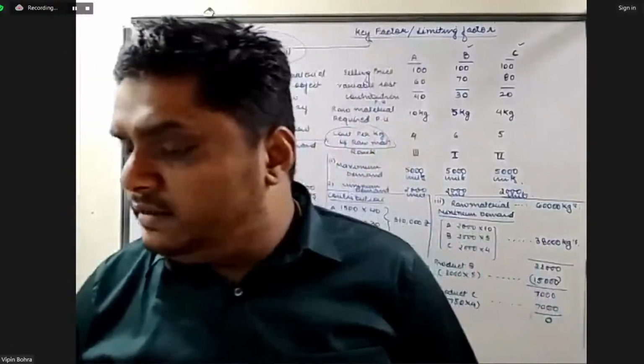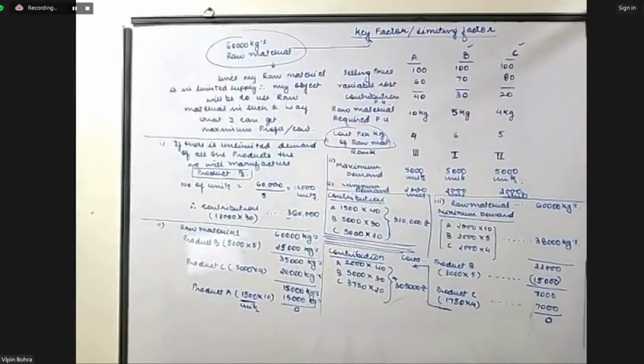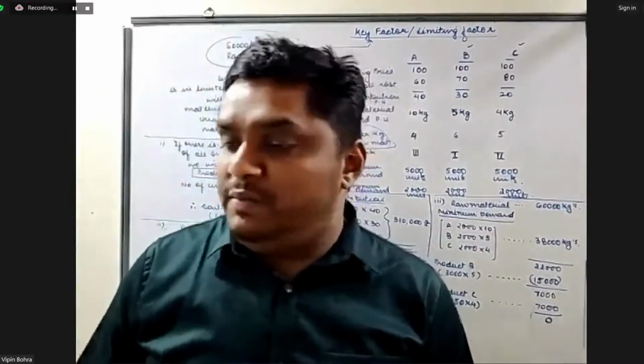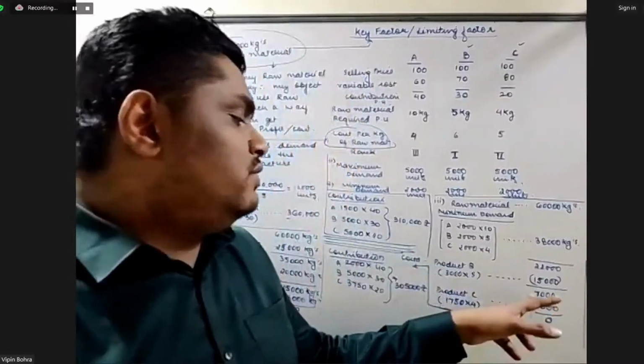Very good, Shweta. Now your answers are correct. If it is 0, then we can't manufacture product C. Bhaskar, still we are left out with 7,000 kgs of raw material.